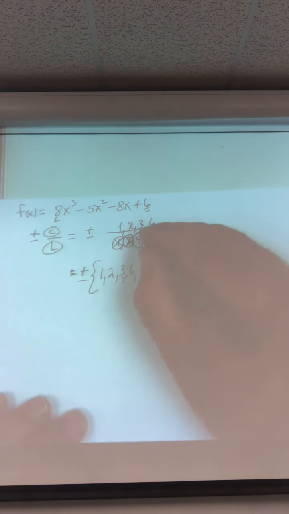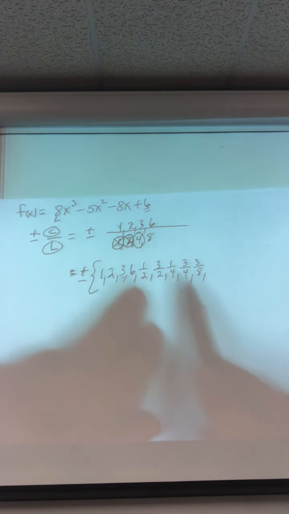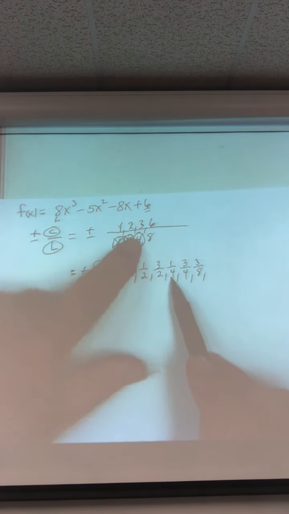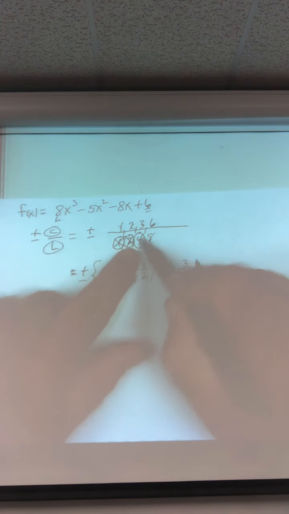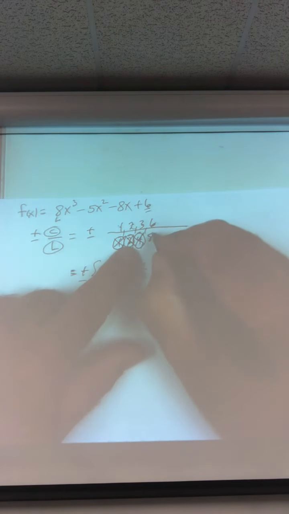Now I'm done. I'm sorry. I said that wrong. Let me do that again. 1 over 4 is 1/4. 2 over 4 is a half. 3 over 4 is 3/4. And then 6 over 4, sorry about that. 6 over 4 is 3 over 2. I have that. Now I can mark that out.